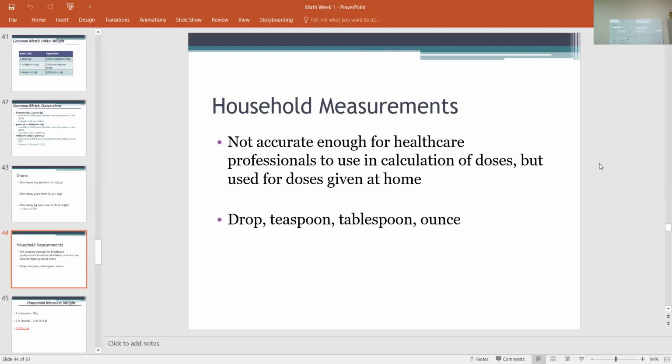Now, we're starting to teach people about measurements, and these cups will have dual measurements on them. But nonetheless, we have to make that conversion. So the household measurement system comes in volume in terms of our dosing instructions for the patient only.